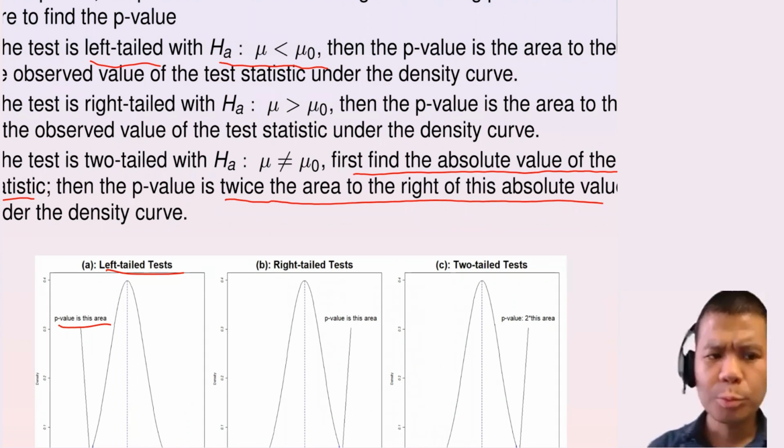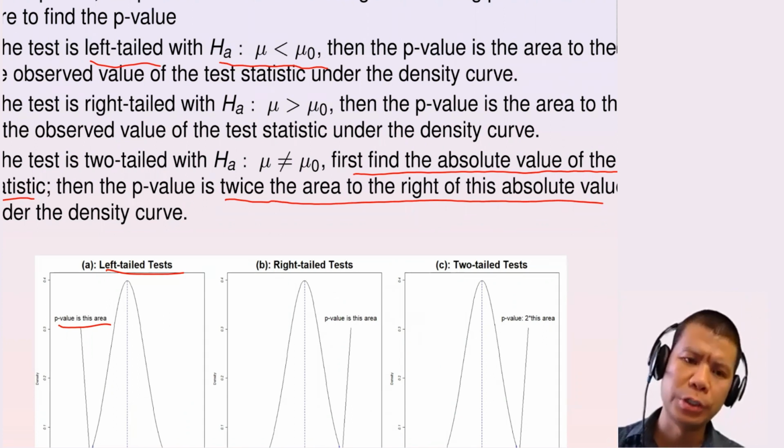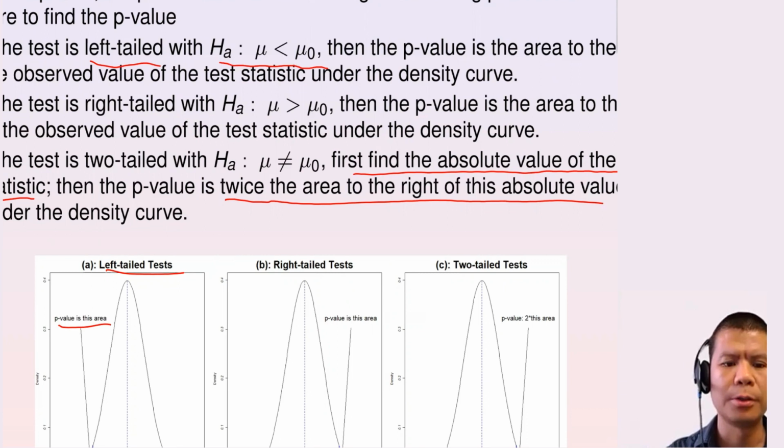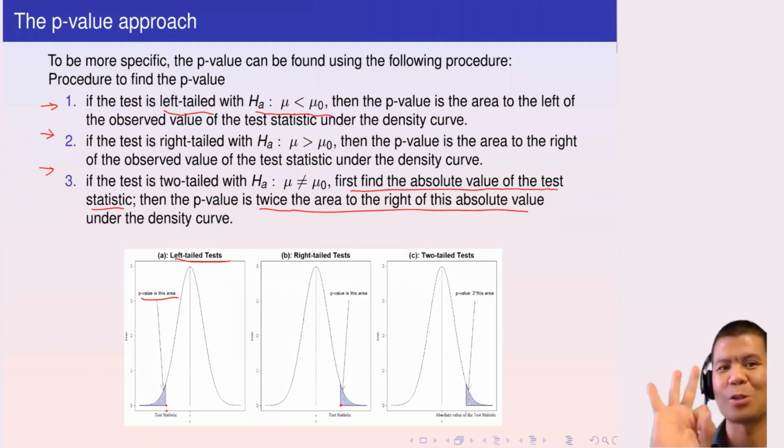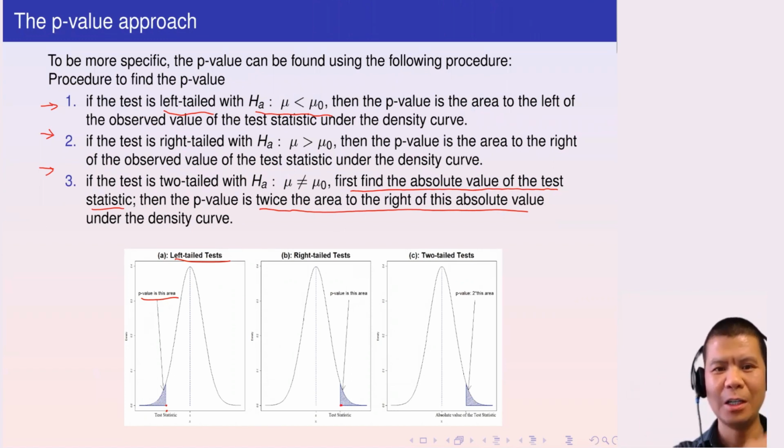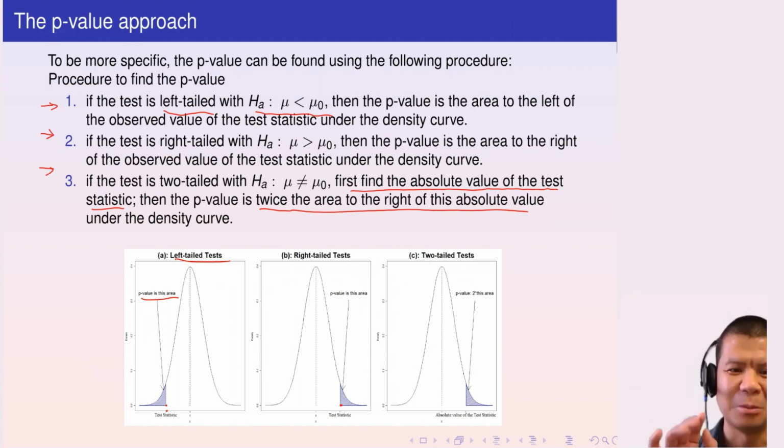I'm going to leave these here for now, and later on we're going to show several examples about this, and I hope by then you will be clear about it. Just remember, there are three different cases: left-tailed, right-tailed, and two-tailed. Let's move on.